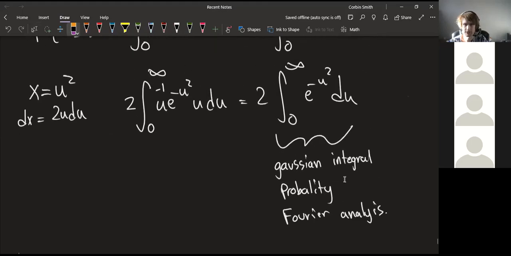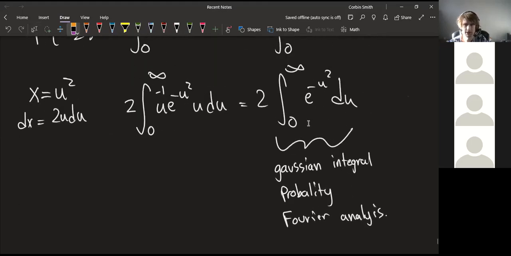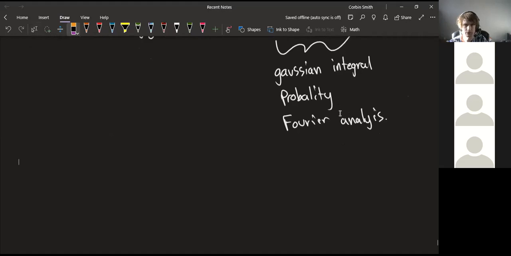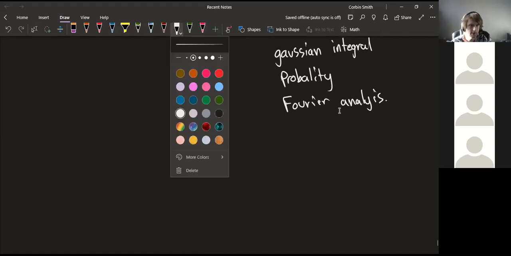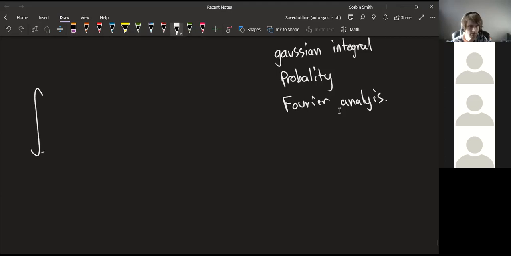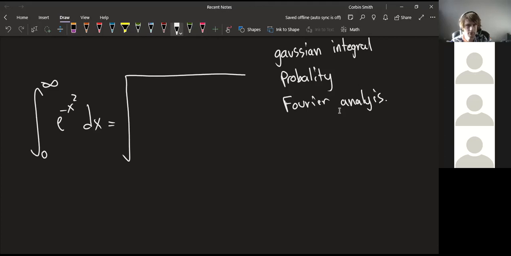So we just need to find the value of this Gaussian integral. I'm going to rewrite it again in terms of x. The integral from 0 to infinity of e to the minus x squared dx is equal to the square root of the same thing multiplied by itself.